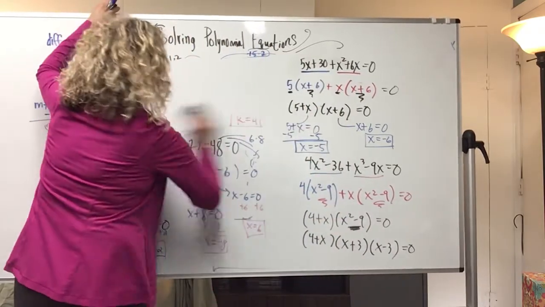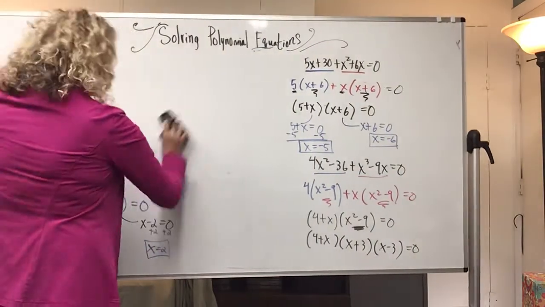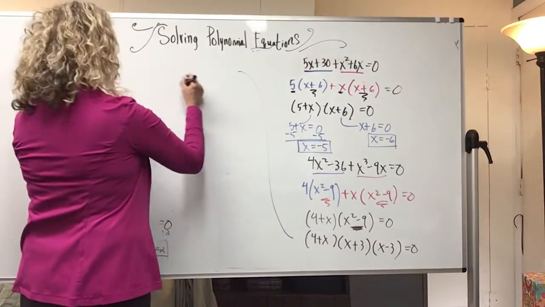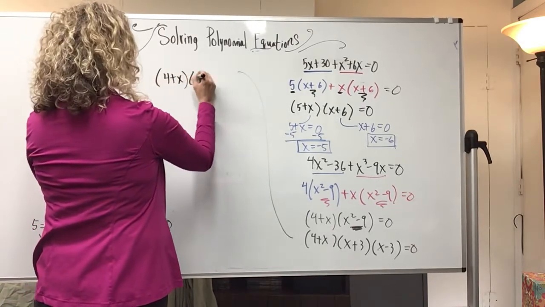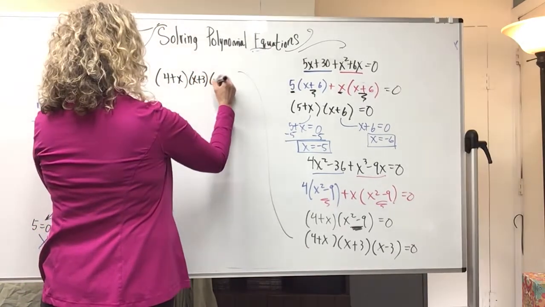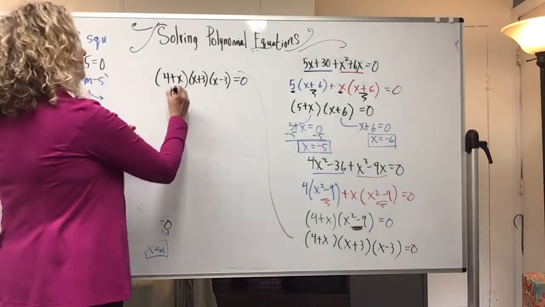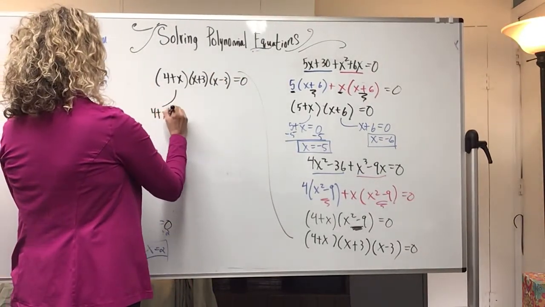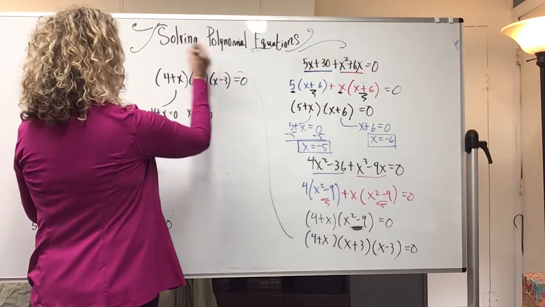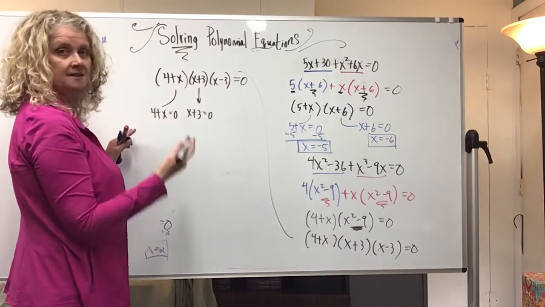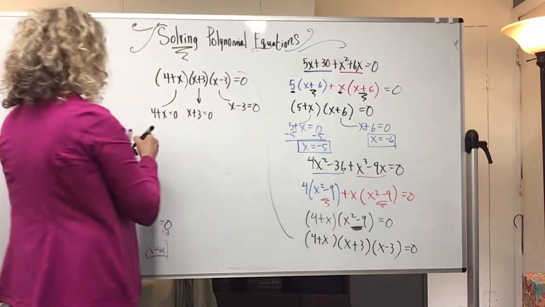I'm going to pull this up here because it's difficult to see. So I'm going to just recopy this. Once we factored it, we got x plus 4, x plus 3, x minus 3. And we set each piece equal to 0, because we are solving, which means we're isolating x. And now we're going to solve.